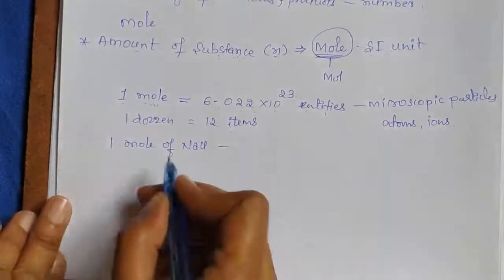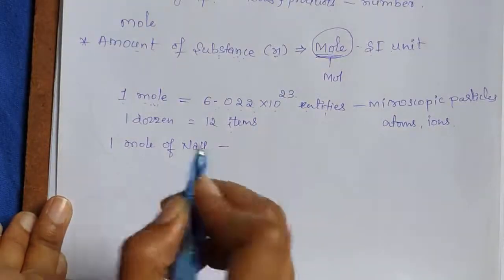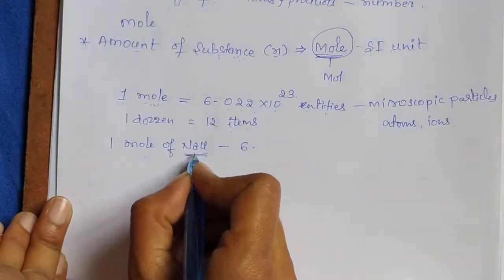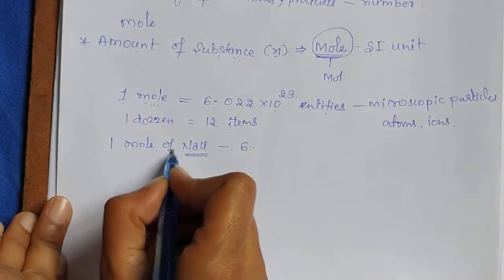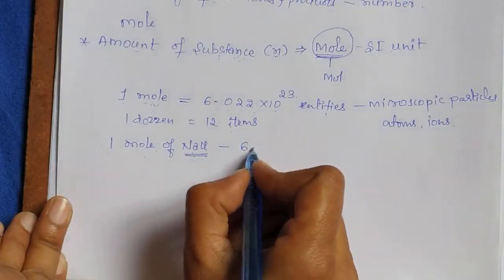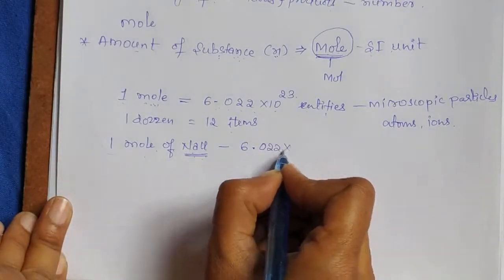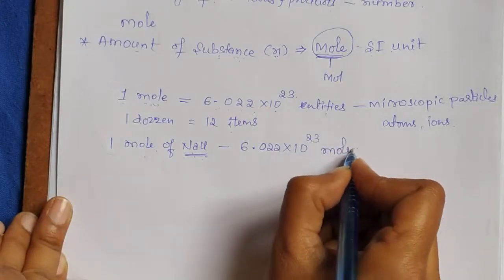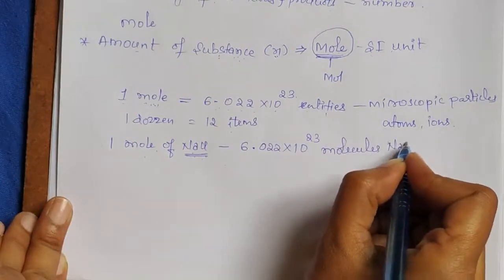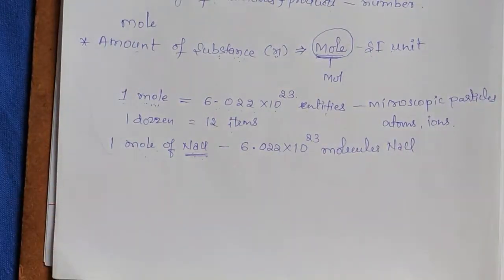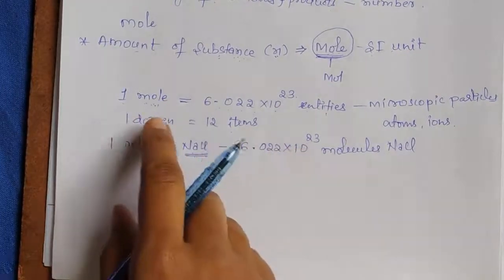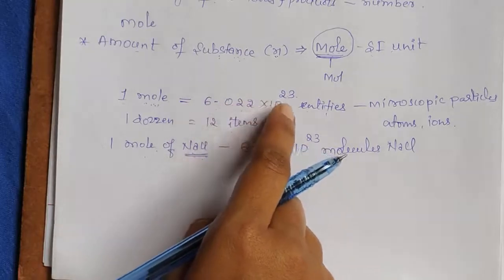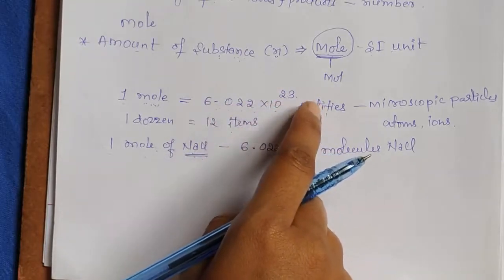Sodium chloride is a molecule, so 1 mole of sodium chloride has 6.022 into 10 raised to 23 molecules of sodium chloride. We know that 1 dozen means 12 items; here 1 mole means 6.022 into 10 raised to 23 entities, molecules, atoms or ions.